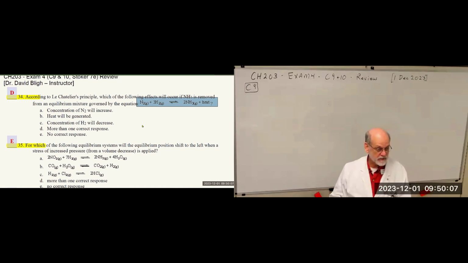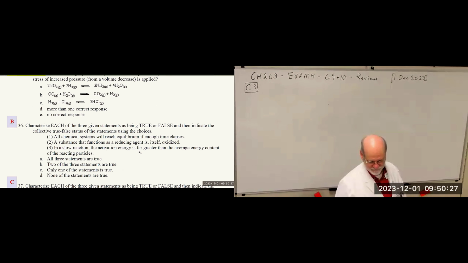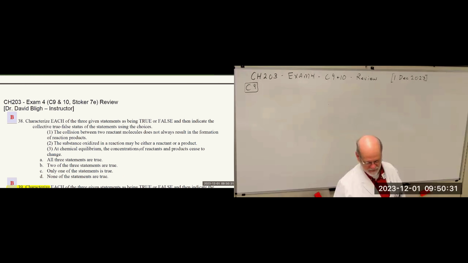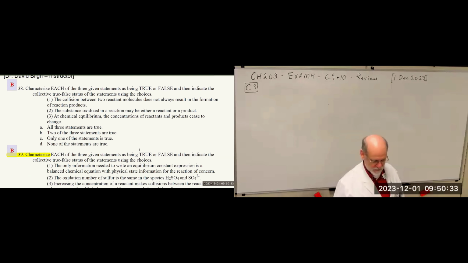If you increase the pressure on that one, it's going to shift to the right. So that's one of the reasons that Haber increased the pressure to dozens of atmospheres. High pressure would tend to drive the reaction to the right, plus he removed product. Eventually he figured it out. And then Bosch came along and refined it. Okay, no, we're still in chapter 9.